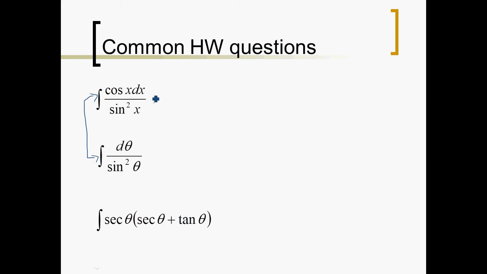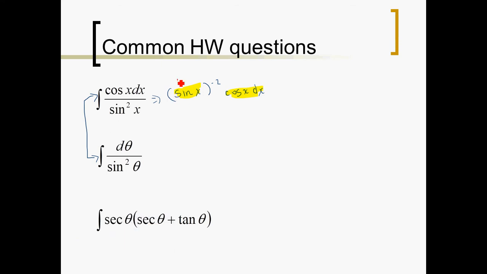Hopefully for this one, you thought of sine of x being inside a power of -2, with a cosine x outside, so that when you did u substitution with this, your u was sine, which made you happy because the derivative of sine is right here. So everything directly substituted.